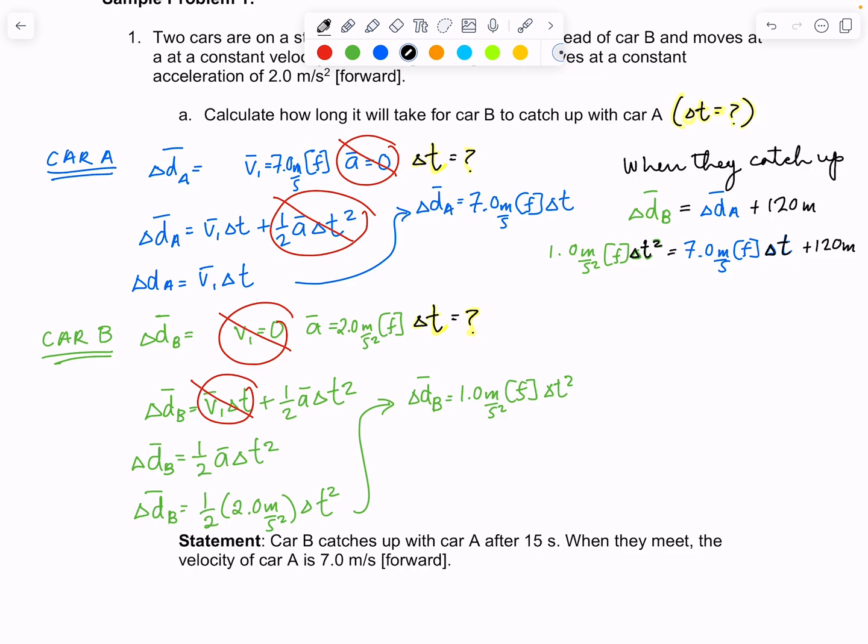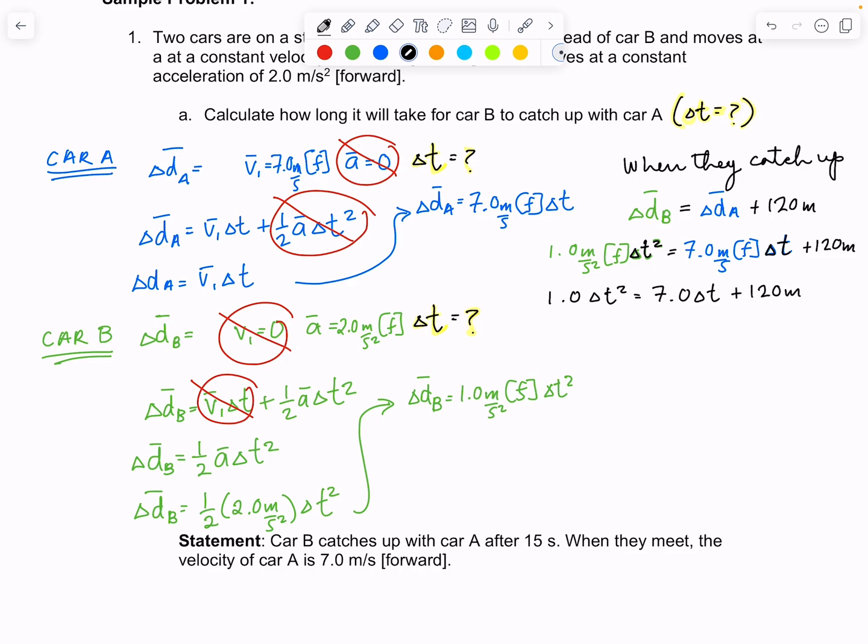I want to rewrite this so it looks like a more typical quadratic equation to you. And then we can see how we're going to solve it. For the time being, I'm going to ignore the units and the direction. They're both in the same direction, so it won't have an effect. And we're going to write 1.0 delta t squared equals 7.0 delta t plus 120 meters.